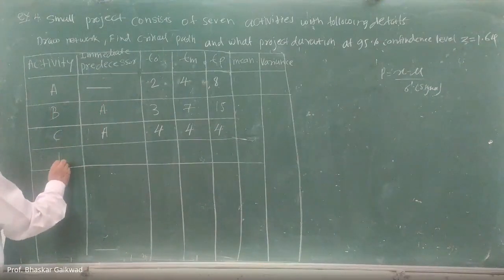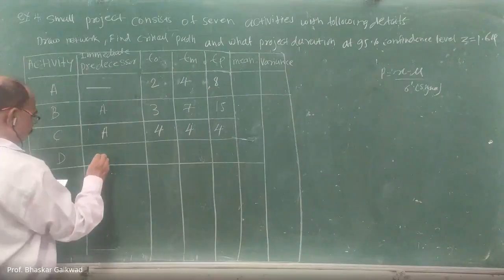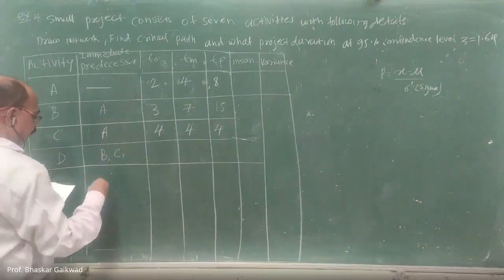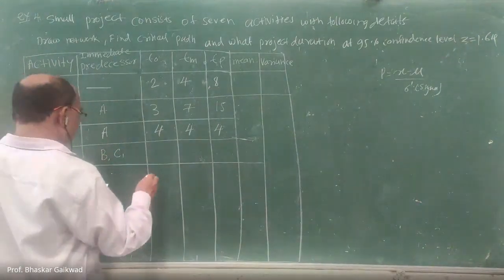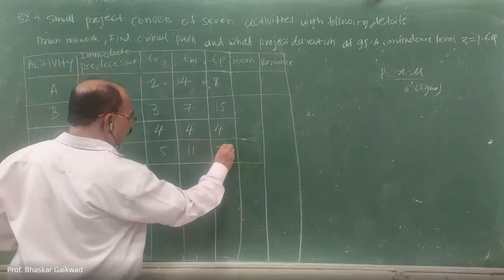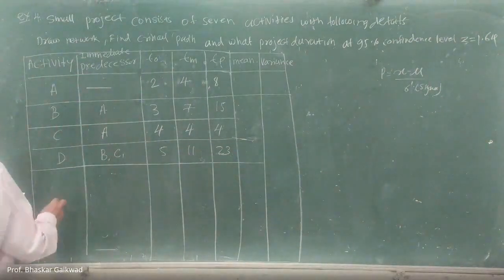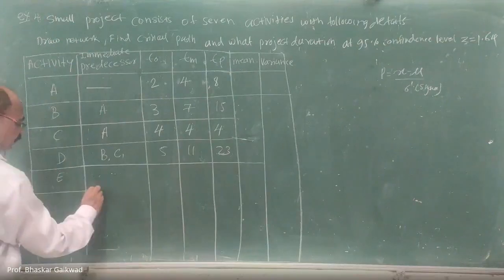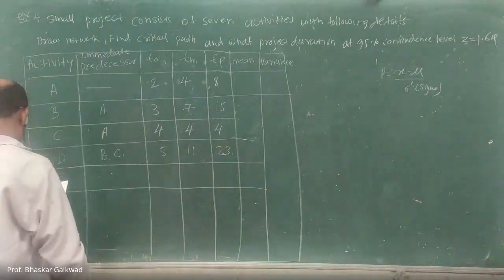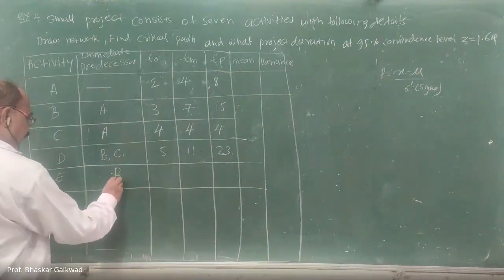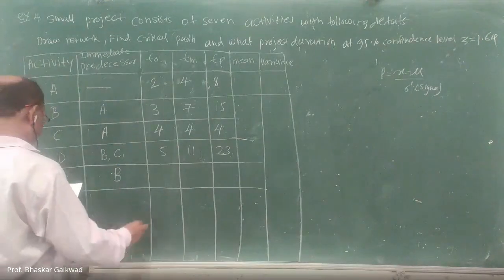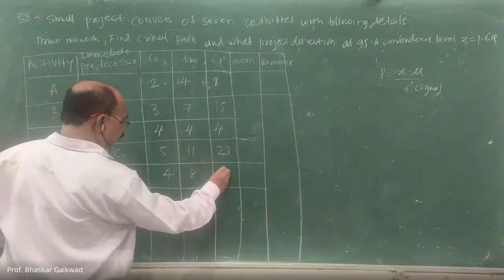Then D. D will start after B and C. And here it's 5, 11 and 23. Then E will be there. E will start after B, with 4, 8, 16.